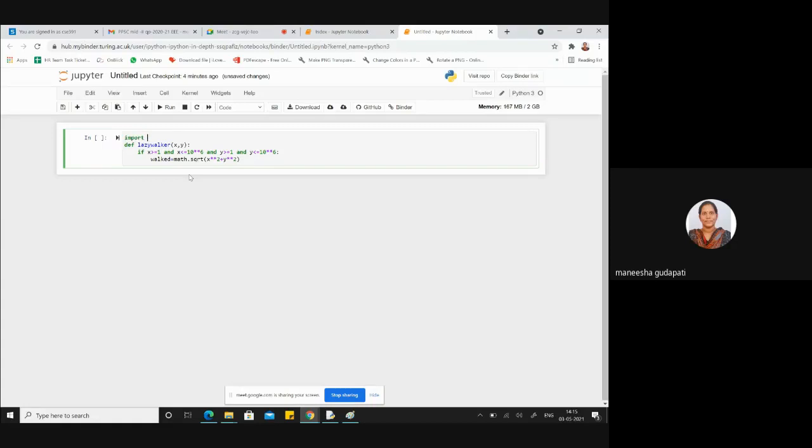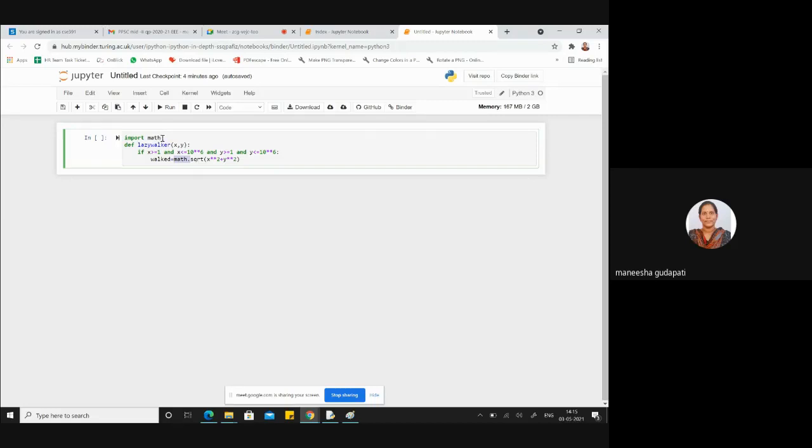You use a keyword called import math, and you have to call the particular function with the module name. This is one way of importing your module, and we have some other ways also. I will discuss them in upcoming sessions. One way of importing any module is import math.